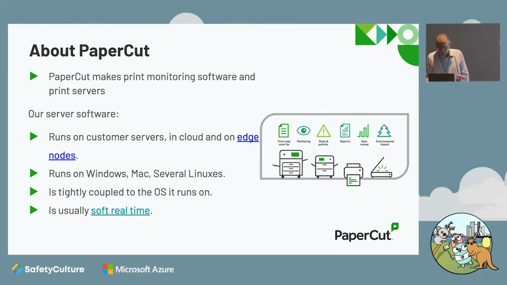This is particularly important for printing software because people need to be able to print even when they're not connected to the internet. So the software we write typically runs on a computer inside a customer's premises and connects to the internet when it can.